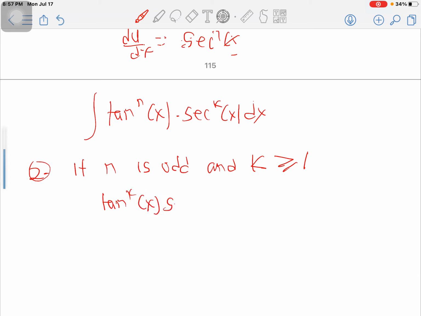we must rewrite it. Let me do it this way, not to confuse anyone.